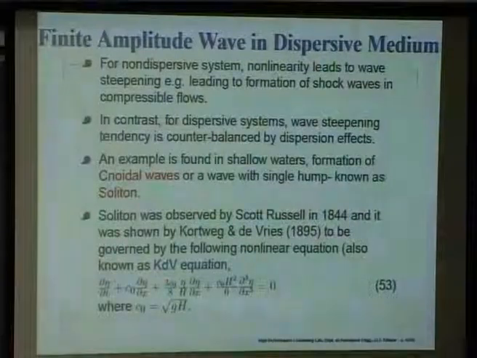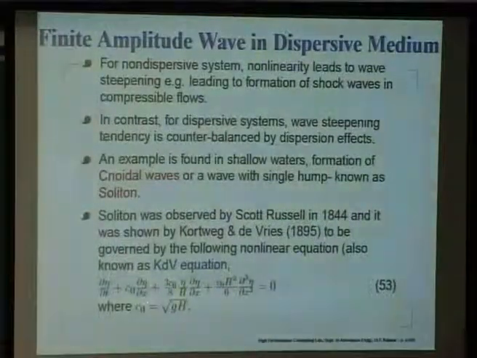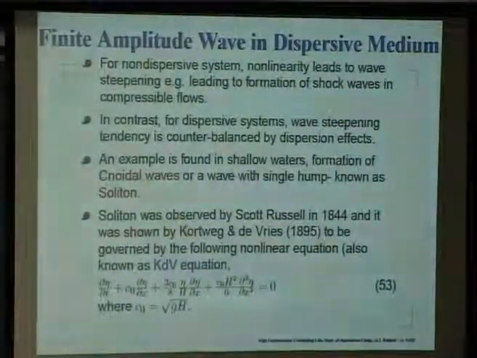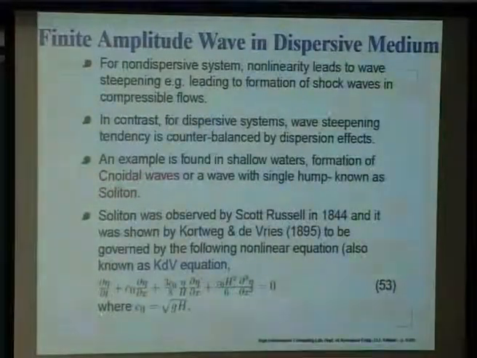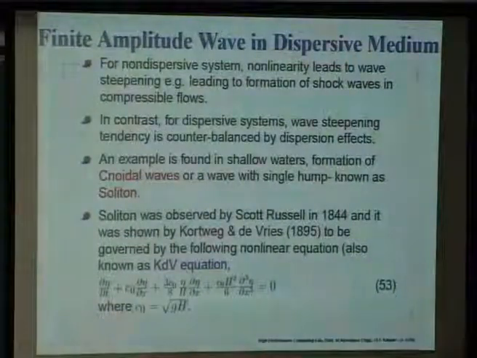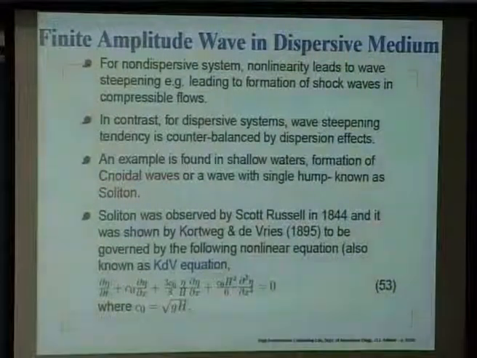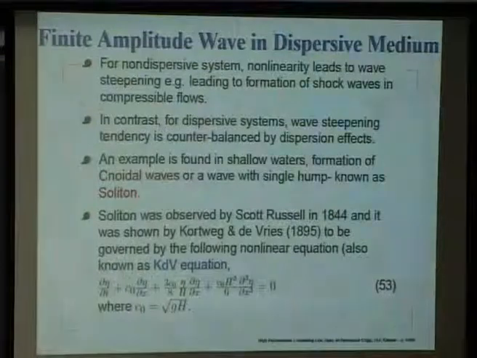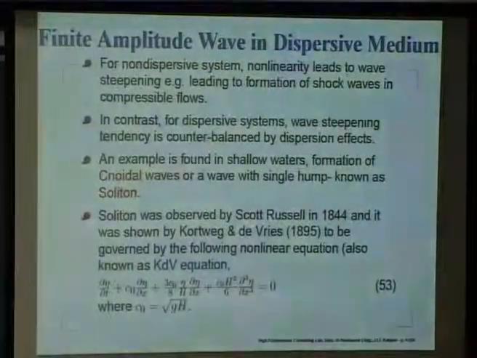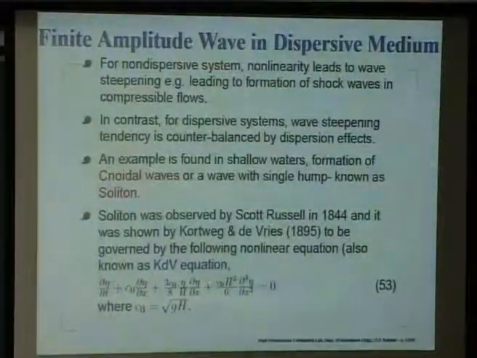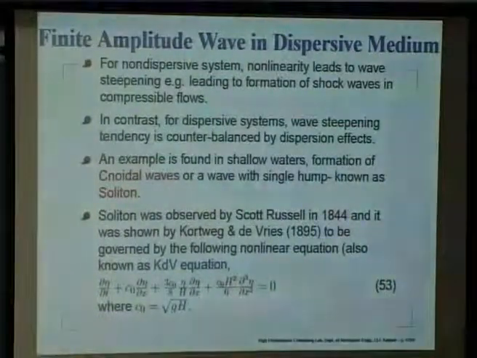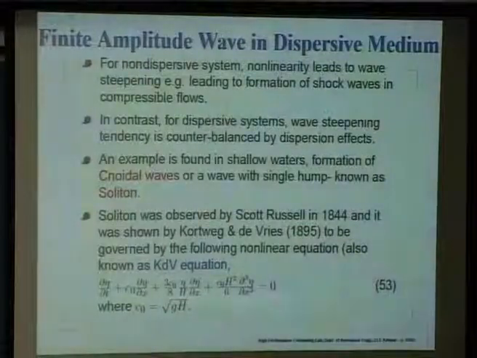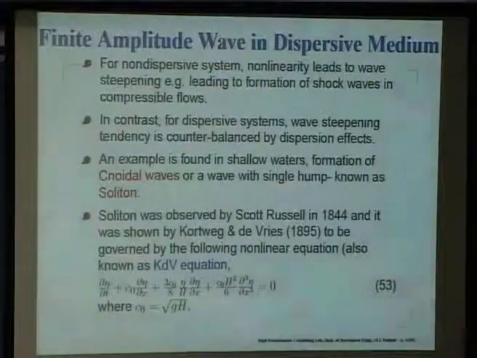What you notice in this equation is that the first two terms are quite familiar to us. This is your 1D convection equation, and this is your nonlinear term. The third term represents a nonlinearity, because this appears in eta square. And the last term, the fourth term in this equation, is due to dispersion.